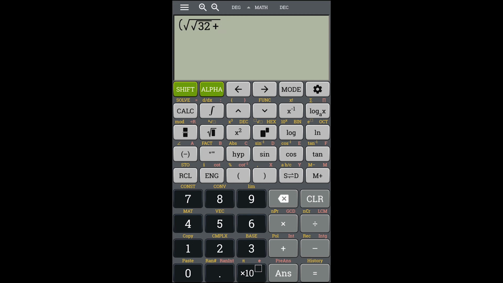So we substitute with a negative 4. And we close bracket, open another bracket, and the square root of 32 minus x, which is the negative 4, and we close the bracket.